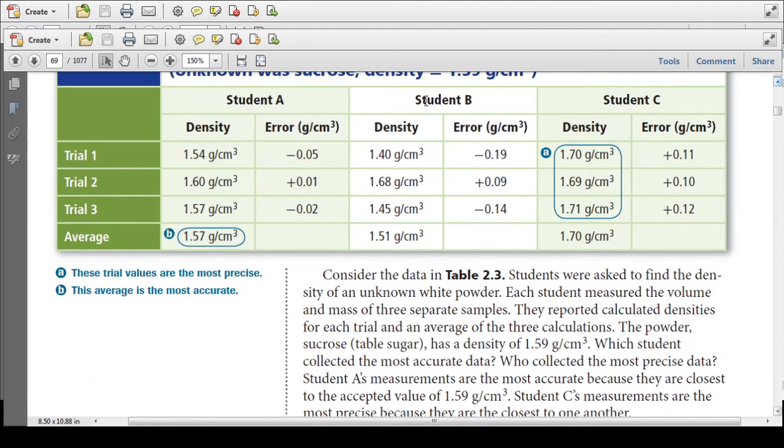Again, if we take a look at student B, we can see that he's kind of all over the place. But when we take the average, it seems like he did pretty well. If we look at the raw data itself, we can see that student B was not accurate, nor was he precise in making his measurements.